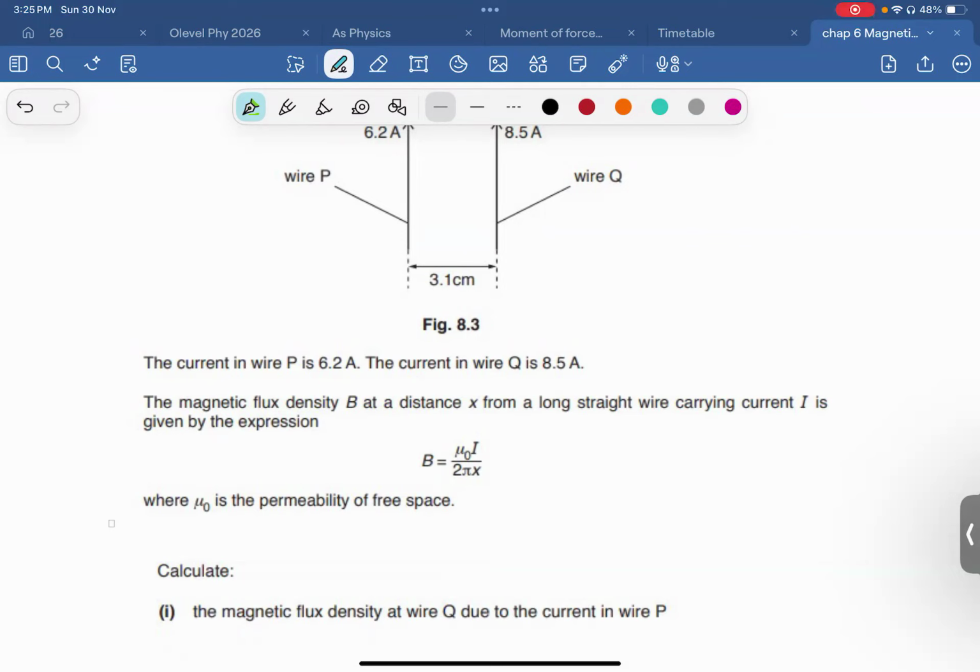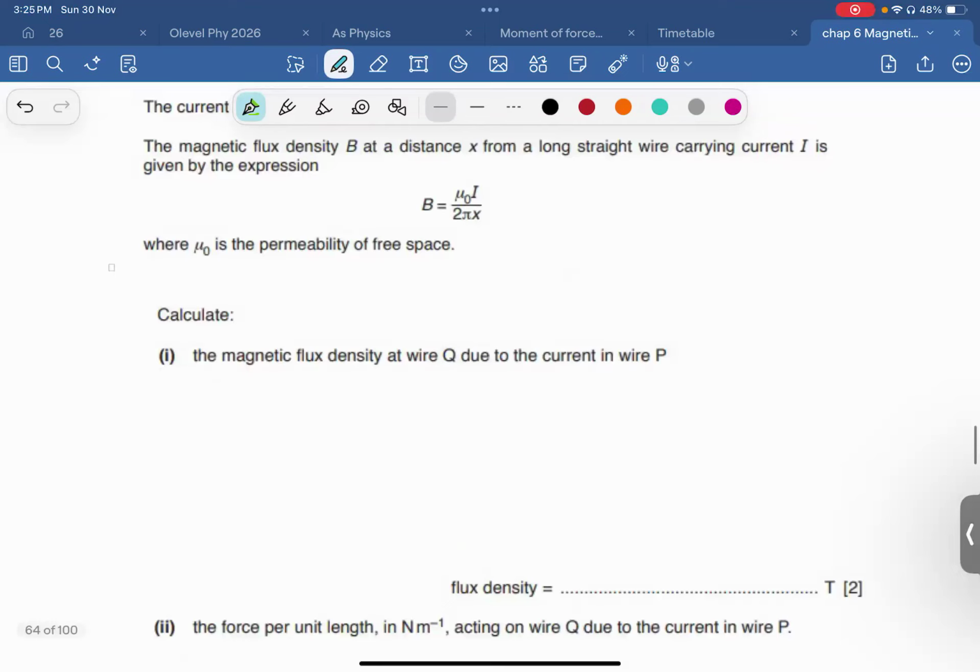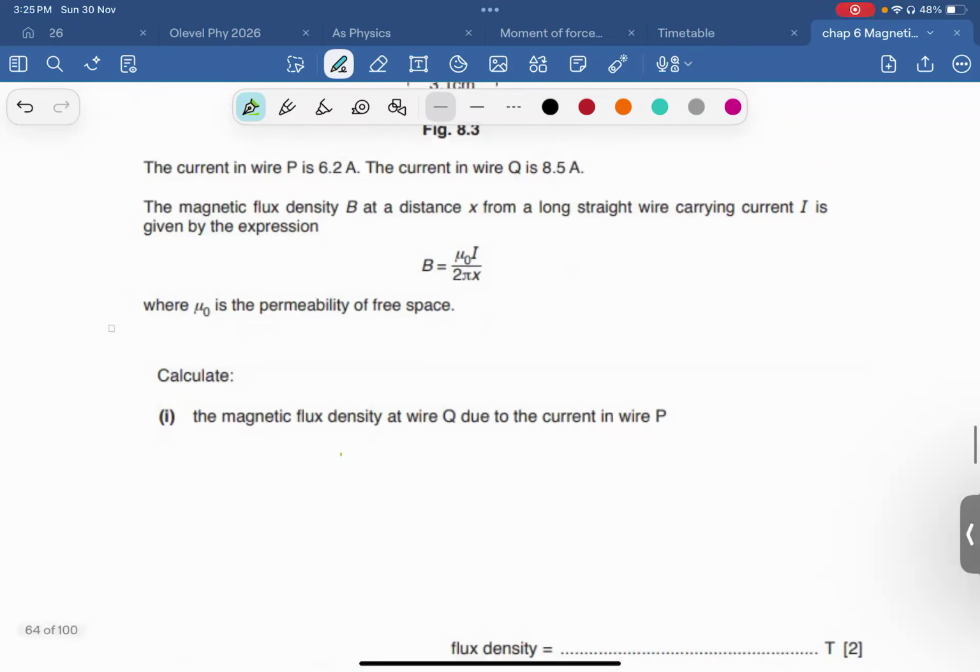Calculate the magnetic flux density at wire Q due to the current in wire P. Okay, so just apply the formula. Mu naught has a value of 4 pi times 10 to the power negative 7, into I.